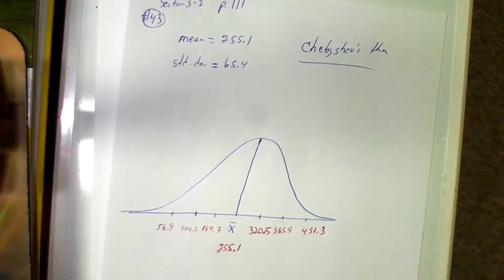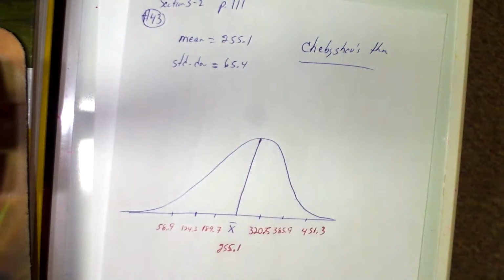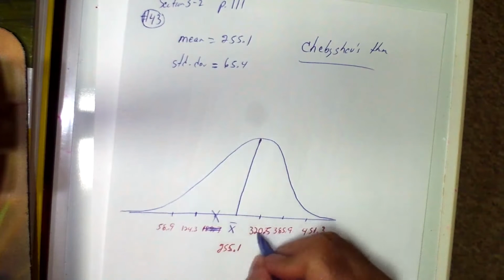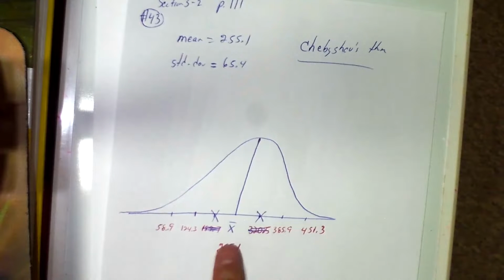Okay. And I'm dealing with Cheby, so that tells me I'm going to block, I'm going to cross that out. That doesn't exist. He doesn't believe that those exist. So now I have my curve, and now I'm going to fill in my little boxes.